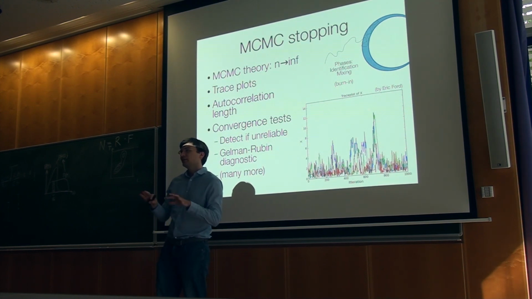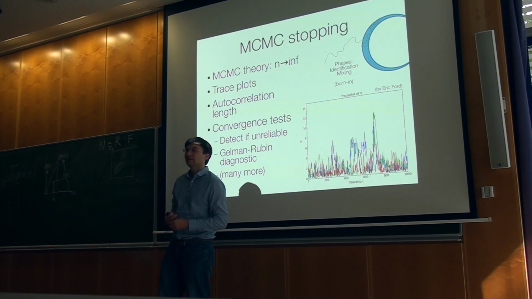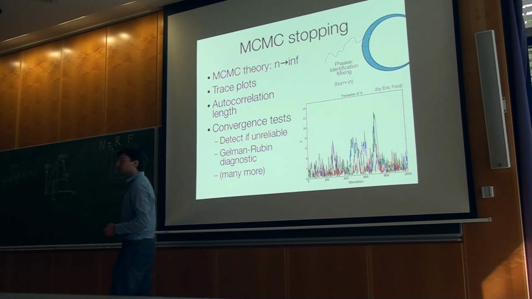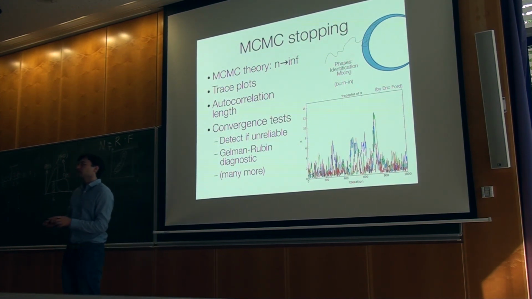If your chain explored very well, then those means will be indistinguishable. But if one chain went in this direction, one chain went in that direction, then they haven't converged yet, and it will detect that. So that's basically the idea.